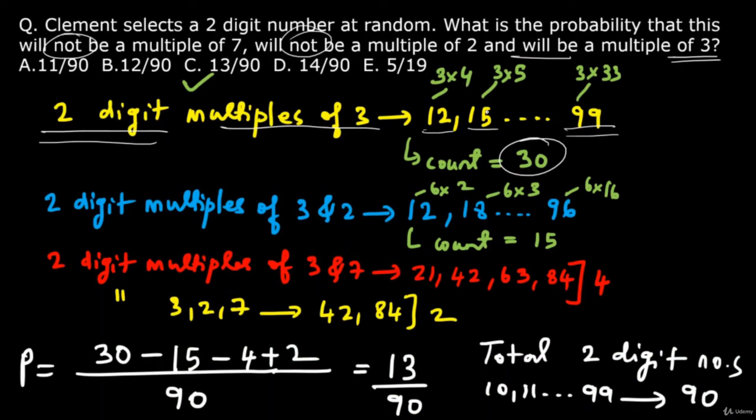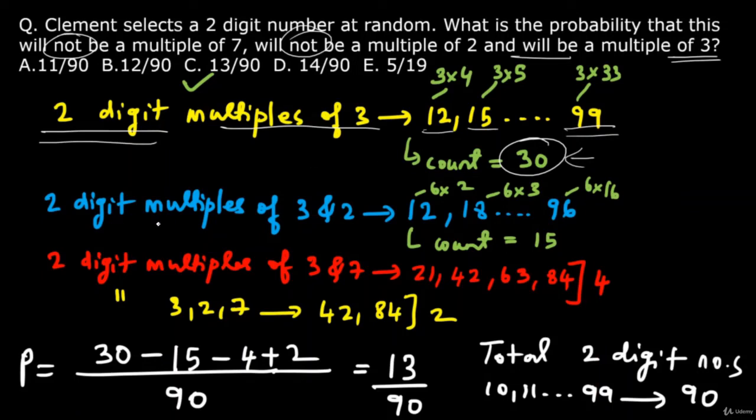So 12 is 3 into 4, 15 is 3 into 5, 99 is 3 into 33. So 4, 5, etc. up to 33. If you count that, you just need to subtract 3 from 33. So the count is 30. So there are 30 multiples of 3 that are 2-digit numbers.